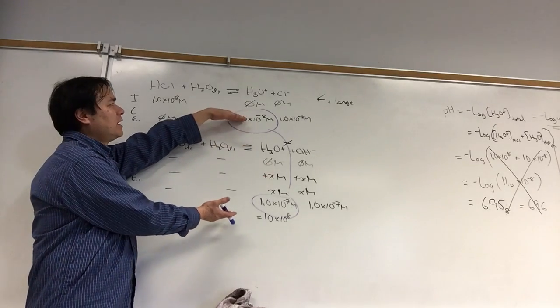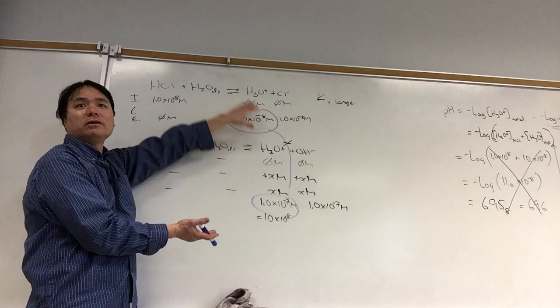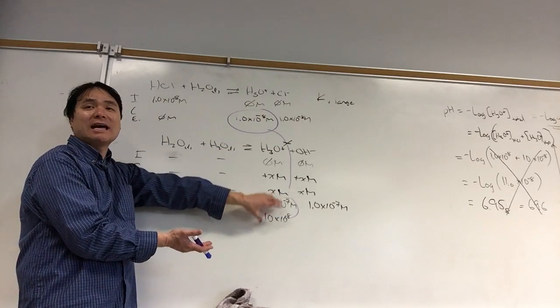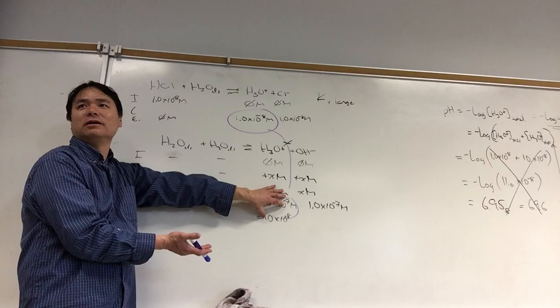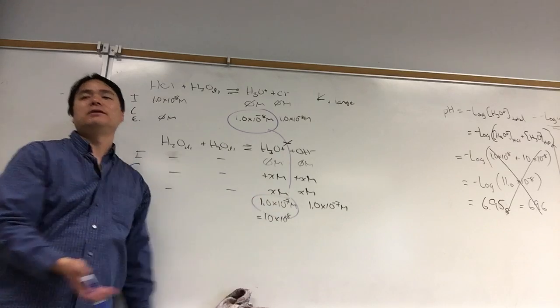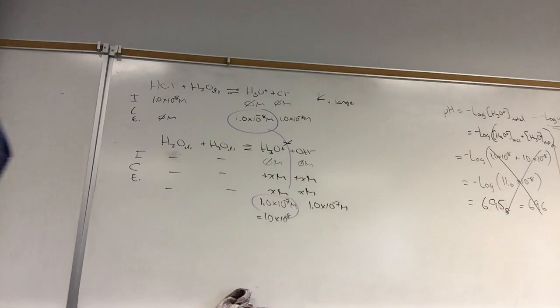And so the hydronium I get here has to satisfy the equilibrium here, and the hydronium I get here has to be exactly the same and satisfy a totally different equilibrium here. Does that make sense? And so what we do is we solve a system of two equations for the common hydronium. Now, what do you think of that, solving a system of equations?